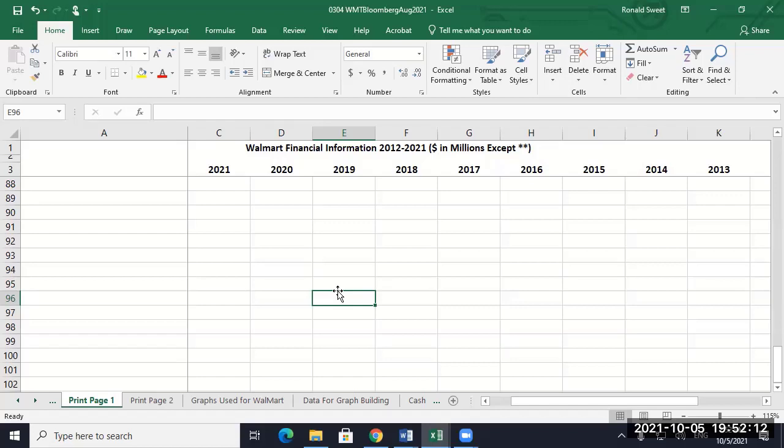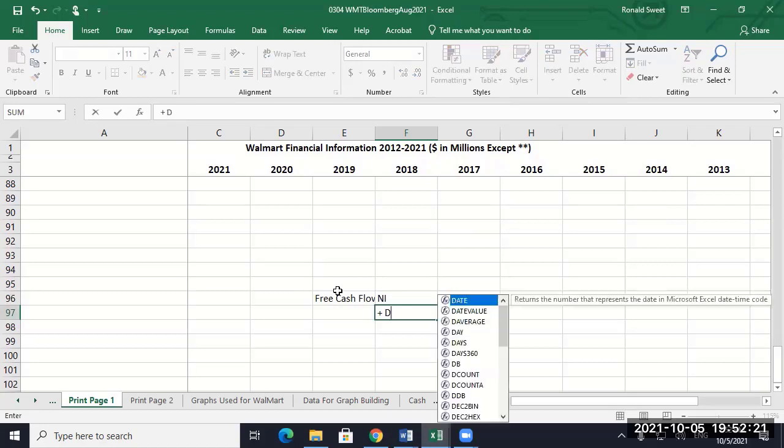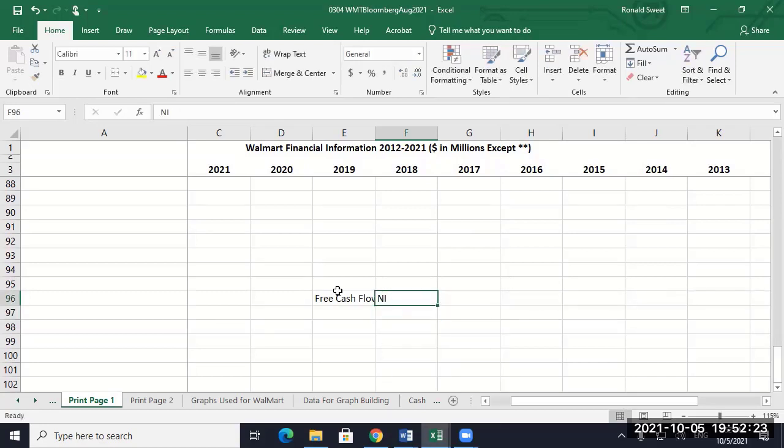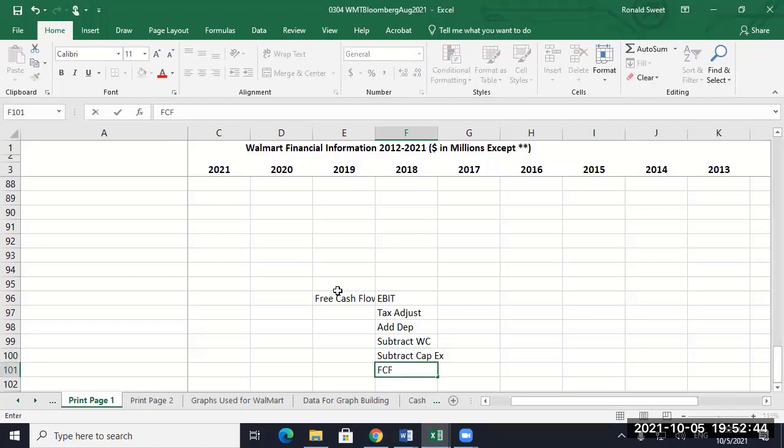So what is free cash flow? They take net income, add back depreciation. Actually, they take EBITDA, or they take EBIT, tax adjust it, add depreciation, subtract working capital. They might subtract CapEx, and that gives you free cash flow.